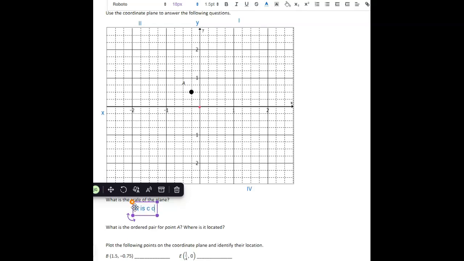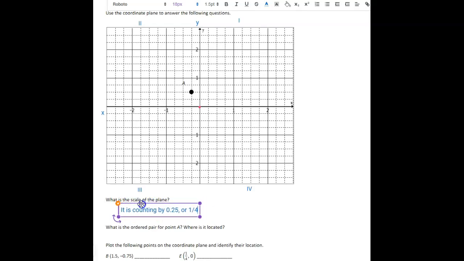So you'll put it is counting by 0.25 or 1/4. It's going by quarters. That is how your units are being counted. So if you were to start at the origin and move 1, 2, 3, 4 places, there's 4 quarters and $1. So each dotted line is representing a quarter.